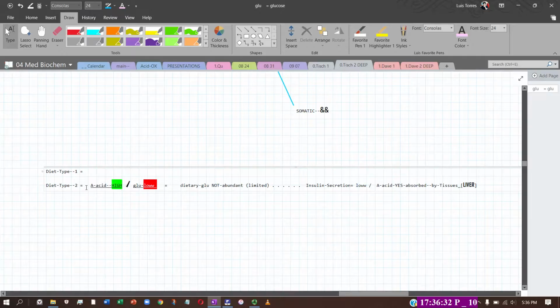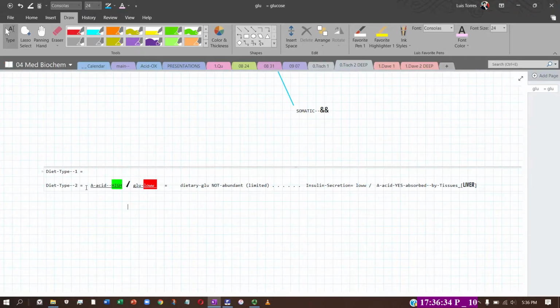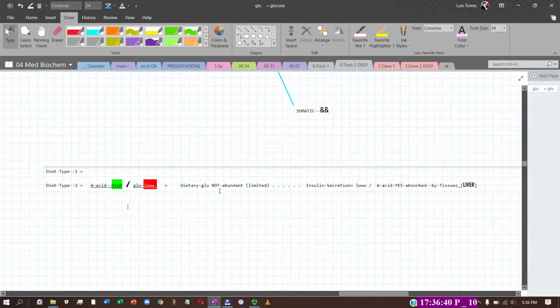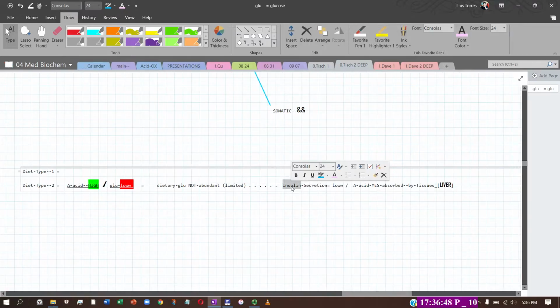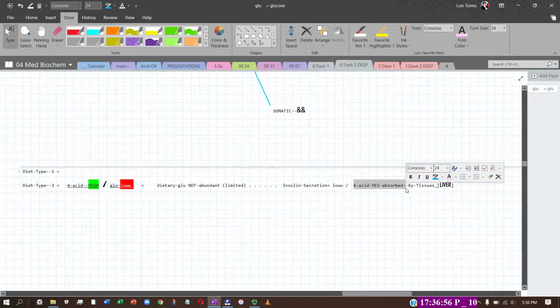Diet type 2 is high in amino acids, and it's low on glucose. What that means is that dietary glucose is not abundant, it is limited, so insulin secretion is low, and amino acid is absorbed by tissues in the liver.